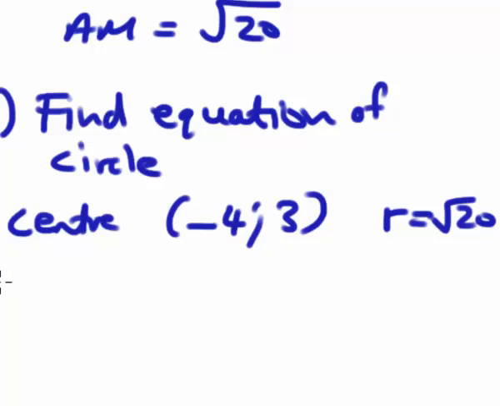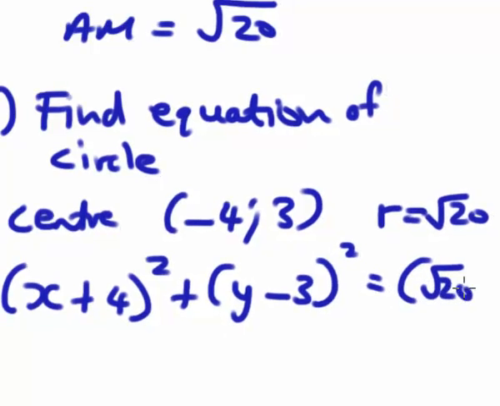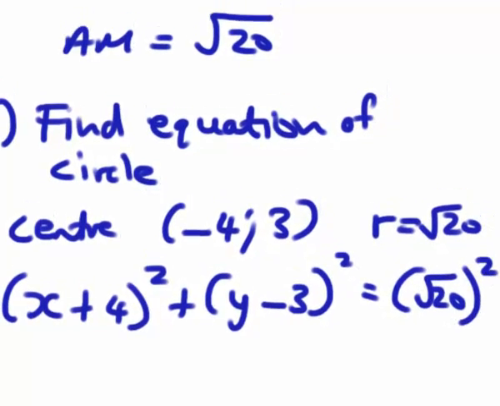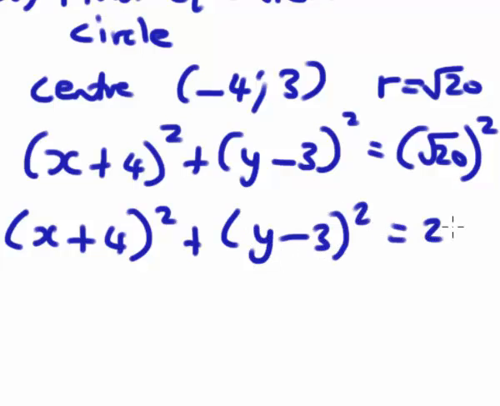So how does this work? It's x, that's minus 4, so it becomes plus 4 inside the equation, plus y, and this becomes minus 3 squared, and the radius is the square root of 20 squared. So x plus 4 squared plus y minus 3 all squared equals 20.